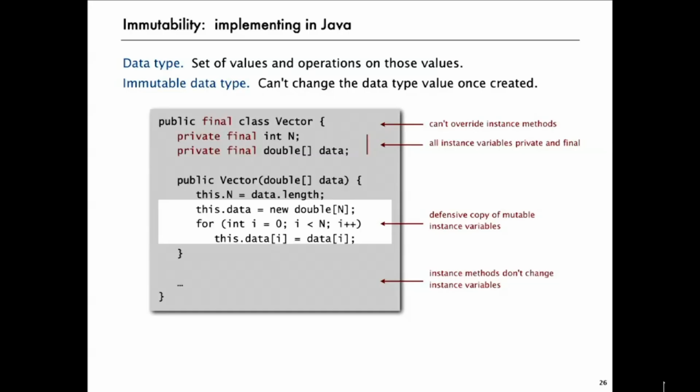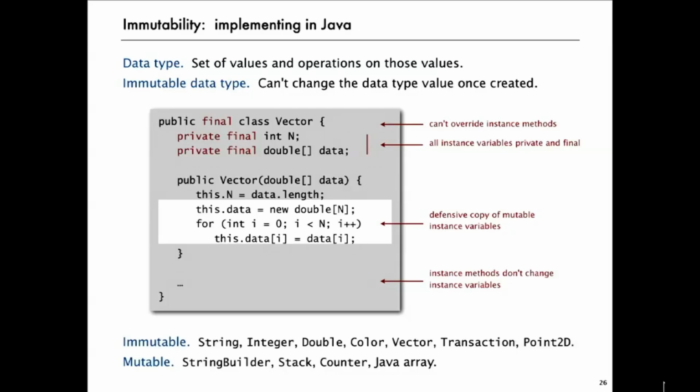But what an immutable implementation would do would be to copy those values into the local data array instance variable. And then those values are not going to change. The instance methods won't change them, and the client can't change them. So that value stays the same.